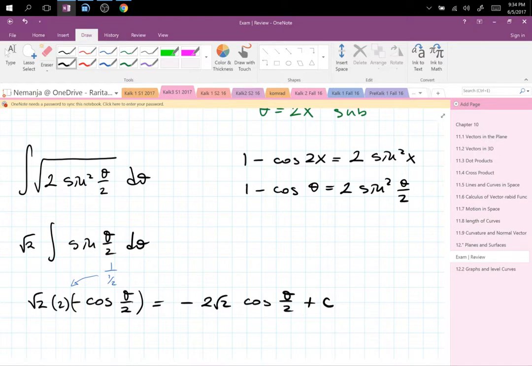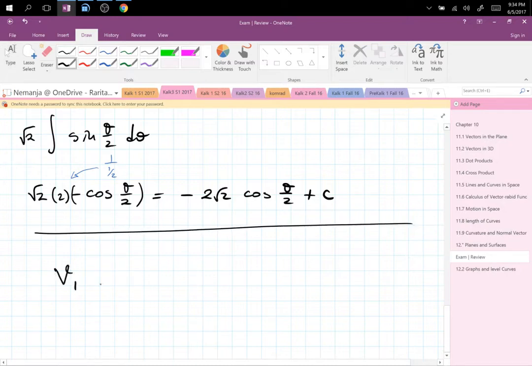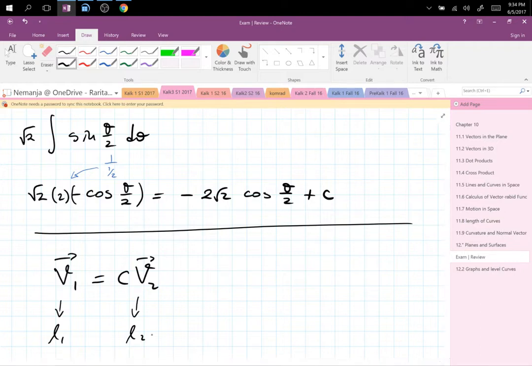So for parallel lines, you have vector 1 is equal to c times vector 2. This comes from line 1 and this comes from line 2. If they are scalar multiples of each other, that means their lengths are different, but they have the same direction. Therefore, the two lines are parallel.